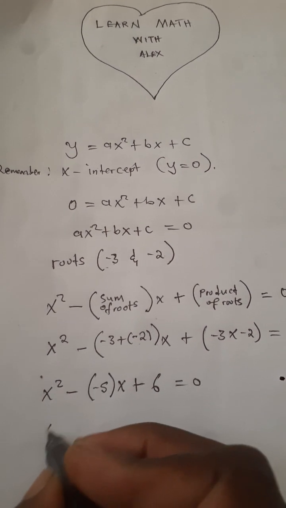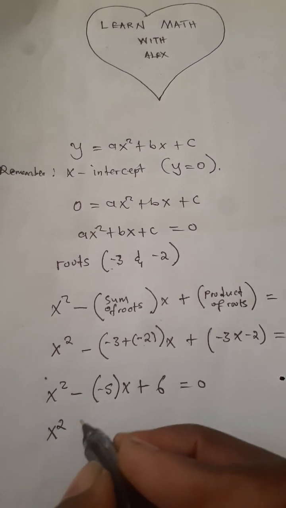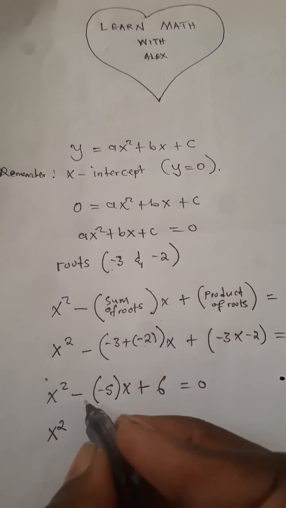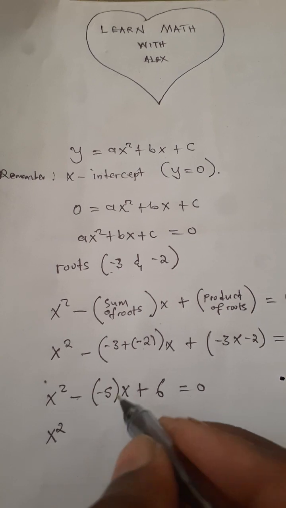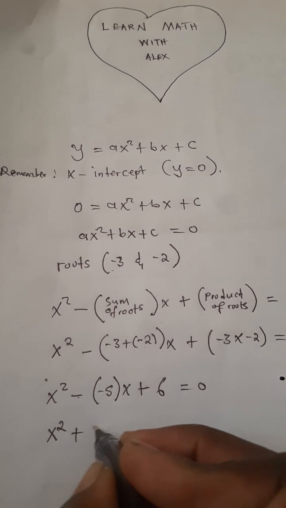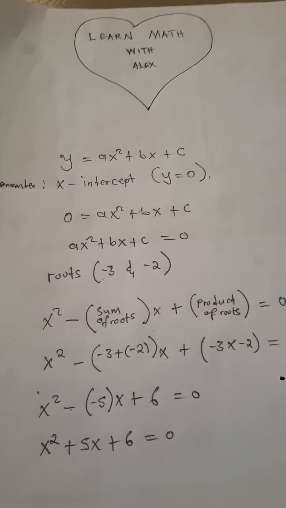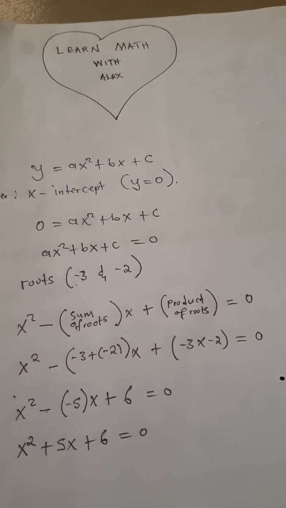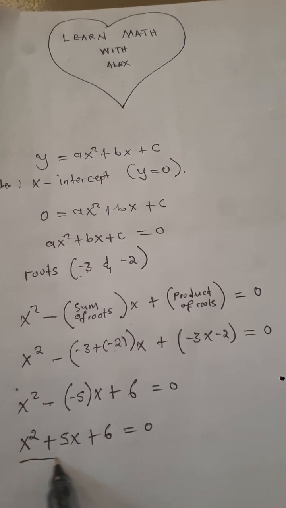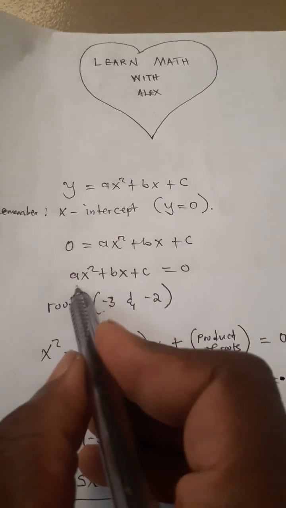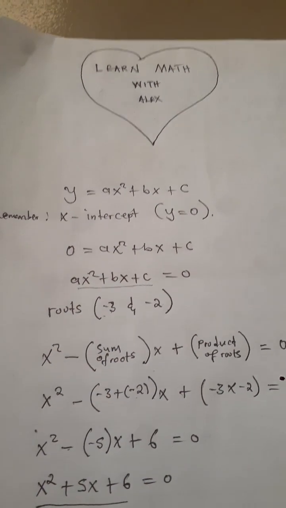Negative upon negative gives a positive, so the quadratic equation is x squared plus 5x plus 6 is equal to 0.